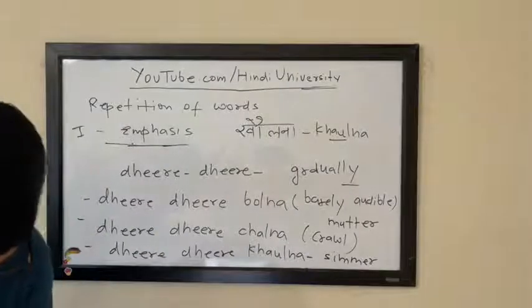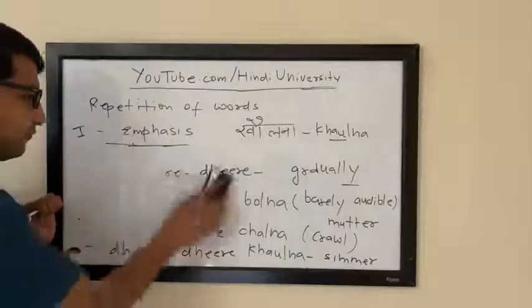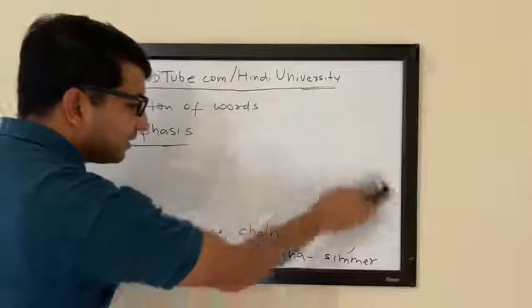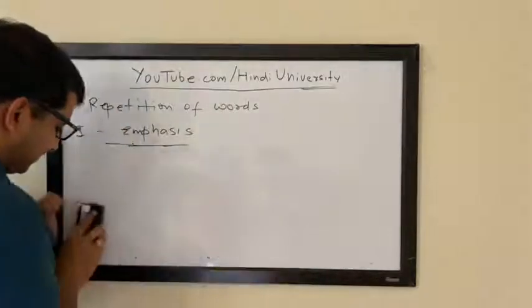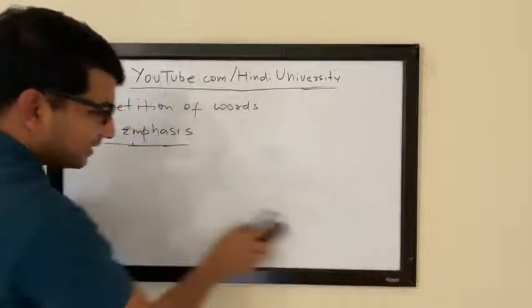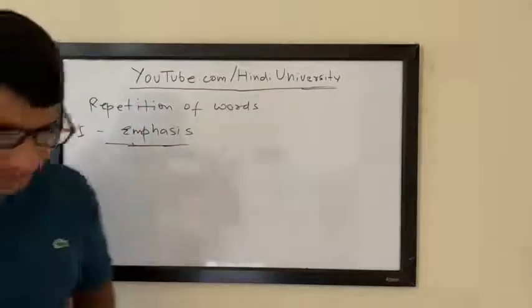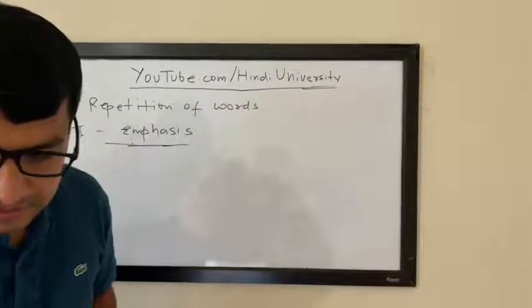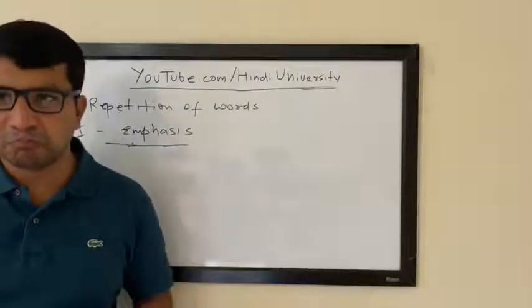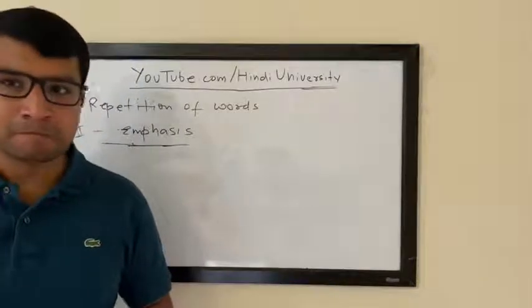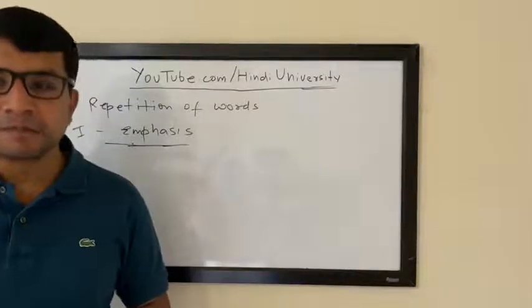Let's see one more. Ashu Ji, mere ek sawal hai. Please. So when you have saaf, clear, and you have saaf bolo, speak clearly. Like there's 'carefully' in English. So can you say saaf se, or do you have to get to know which? You have to memorize which ones. That's right.